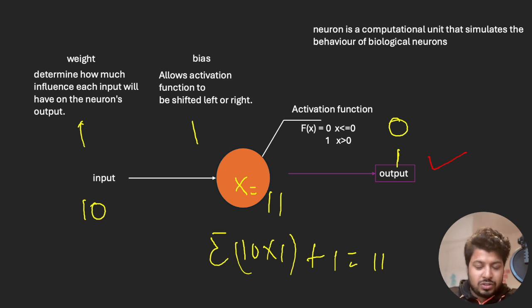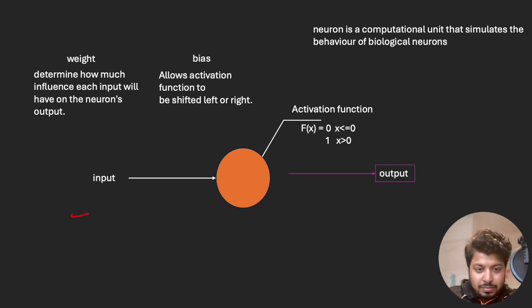Now let me give you a scenario in which it is not activated. Suppose input here is minus 10. Weight still here is 1, and bias still here is 1. To calculate x here, we will multiply the input by the weight, and then we will add the bias, which is 1.